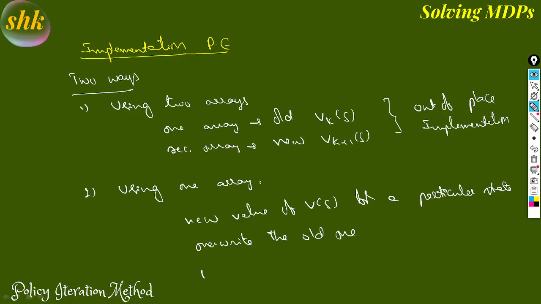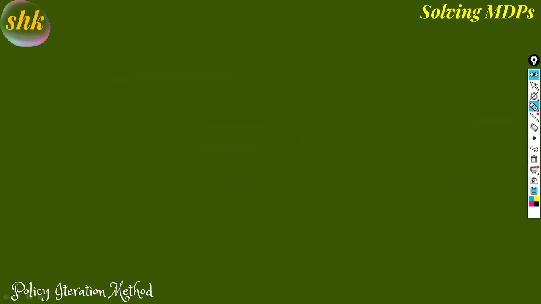This is called the in-place implementation. So these are the methods we can use for implementation of policy evaluation. Once the policy evaluation is done, immediately we are going to improve the policy. So the second step in this policy iteration is policy improvement. Now we will see policy improvement.